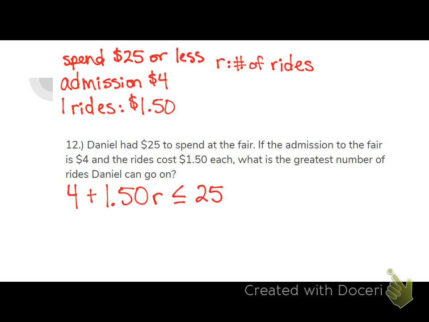Do we have questions on the setup this time? Because this one seemed a little harder to set up. Okay, James, what am I doing next? Subtract 4 on both sides. 1.50R is less than or equal to 21. Good, we divide both sides by 1.50.